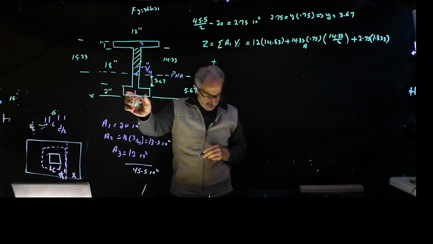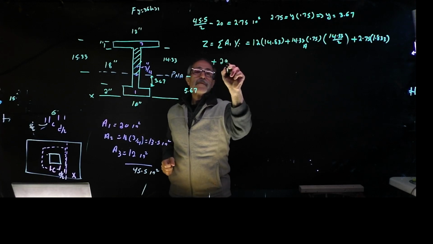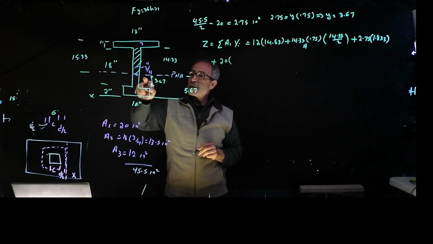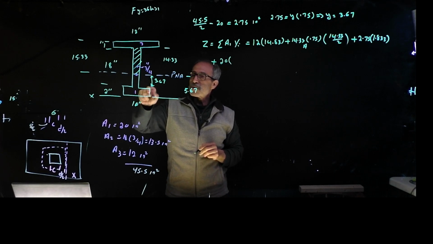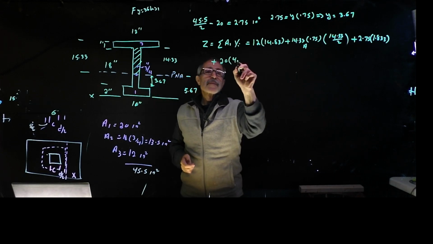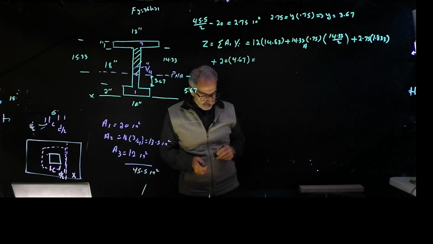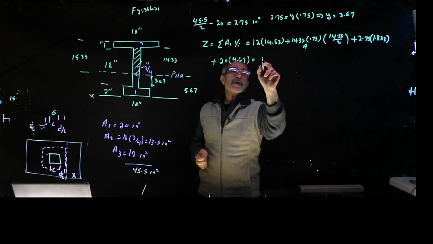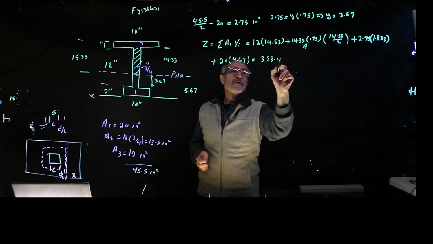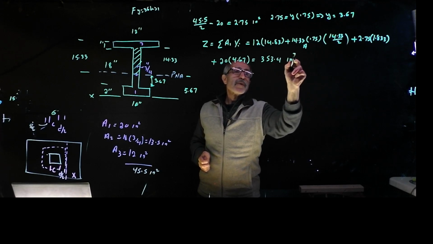It's a 20 inch times the distance from center here to there. That's 2 inch, so it's going to be 467. So now that comes out to be 353.4 inch to the power 3.